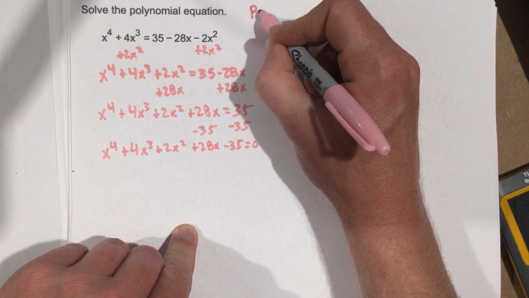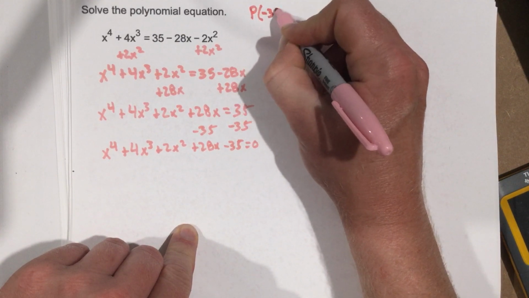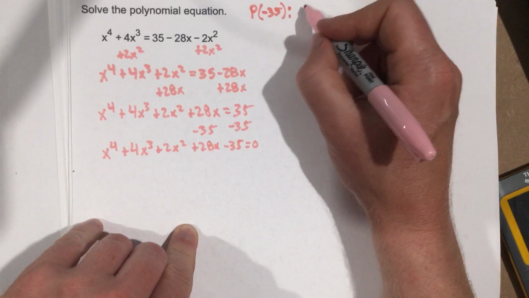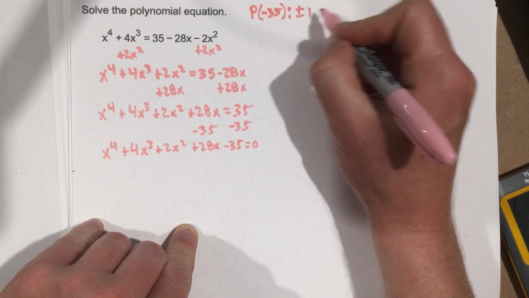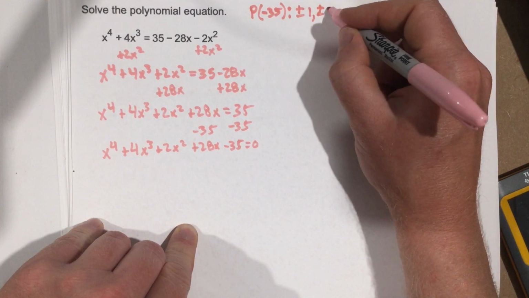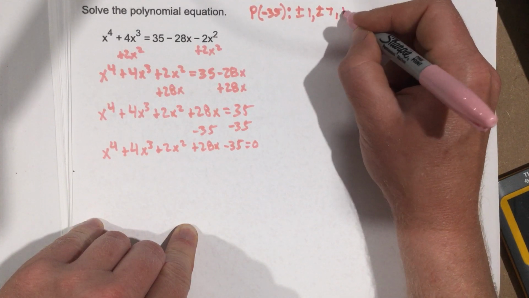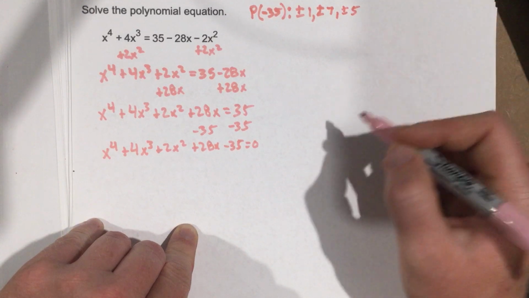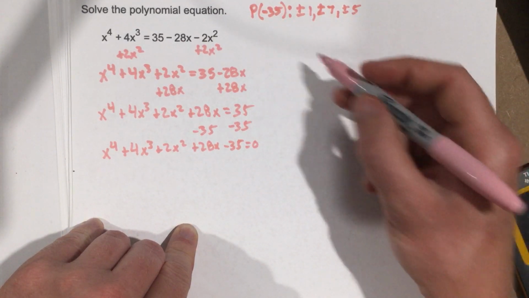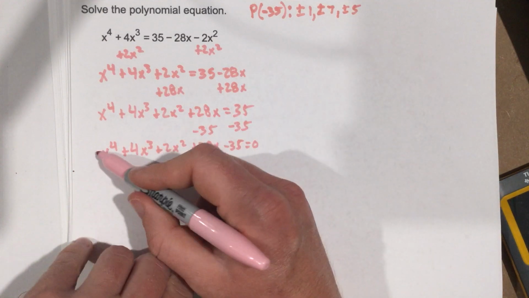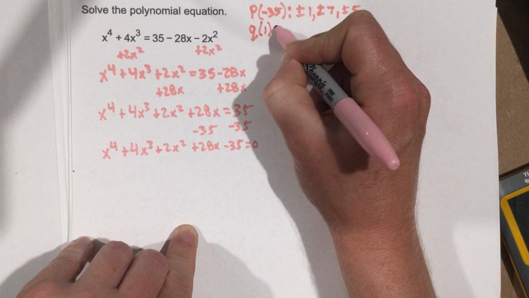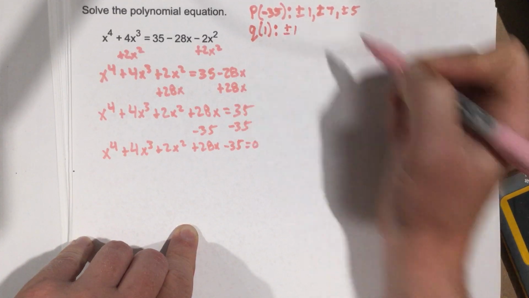So P, which is negative 35, all the factors of negative 35, so that's just plus and minus 1, plus and minus 7, plus and minus 5. Now the leading coefficient's 1, so they're being nice to us. Q is 1, and that factor is just plus and minus 1.